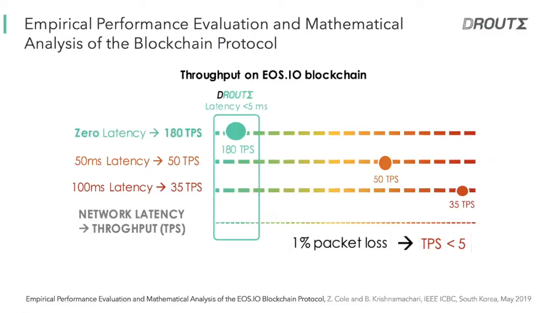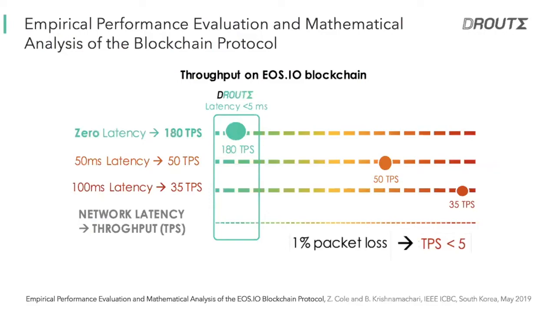They have the 21 blockchain producers and clusters, and when there was zero latency, which is not practical, but it's the theoretical maximum TPS that you can reach, they saw the TPS of the blockchain at around 180 to 200 TPS.